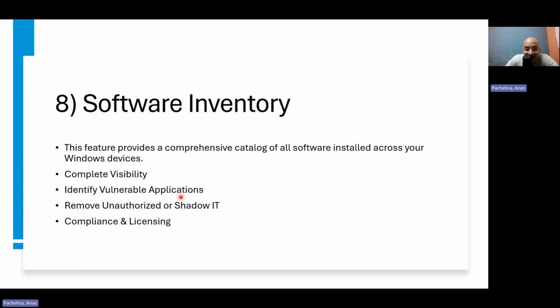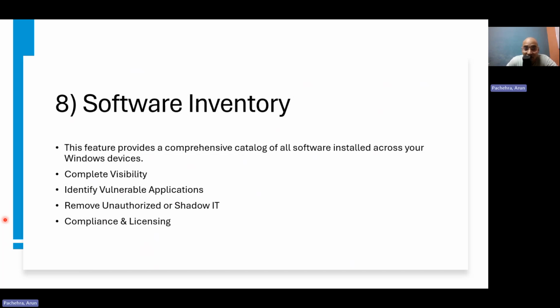You got it? All right, then remove unauthorized or shadow IT. Employees often install applications outside IT approval just to make things easy. Call it shadow IT. All right. So inventory helps find and remove them, because the intention is not to invite attackers.